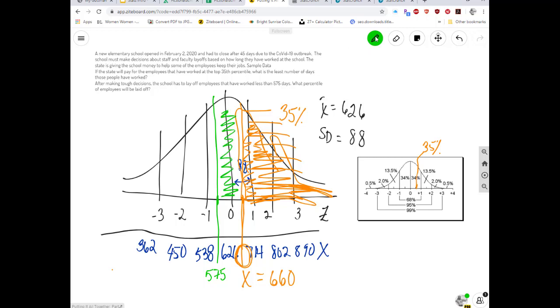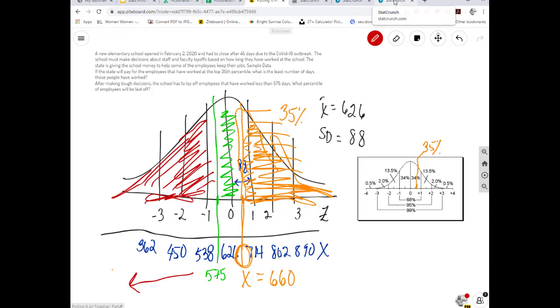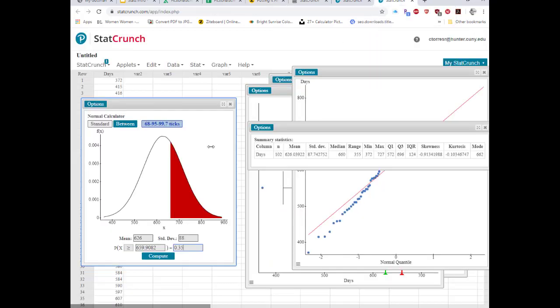But anybody less, and I hate to put this in red, but all these people down here, there's just no money for the school to be able to pay to keep their jobs. Okay, so if anybody's worked less than 575, unfortunately, they're going to have to apply for unemployment, which is terrible. But hopefully the school will be able to hire them back on once everything gets back to normal, and we'll just keep them in our thoughts.